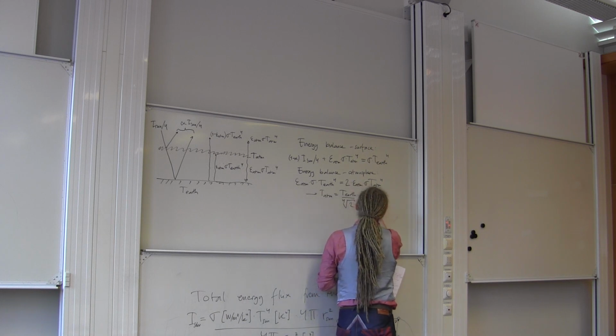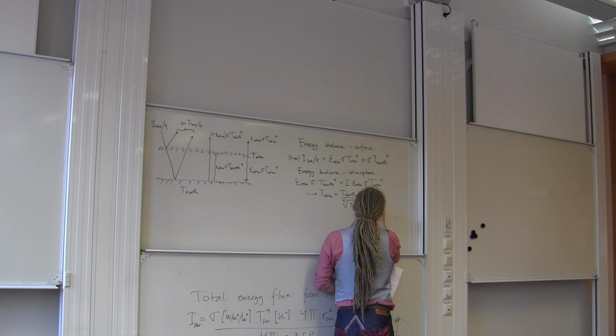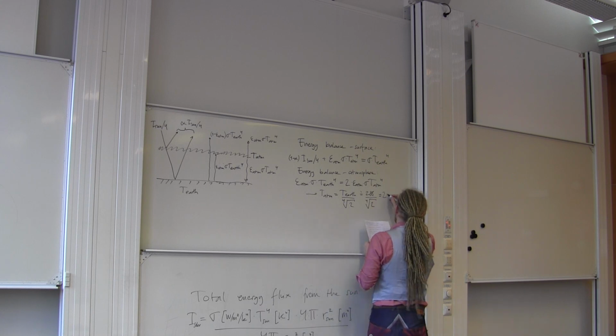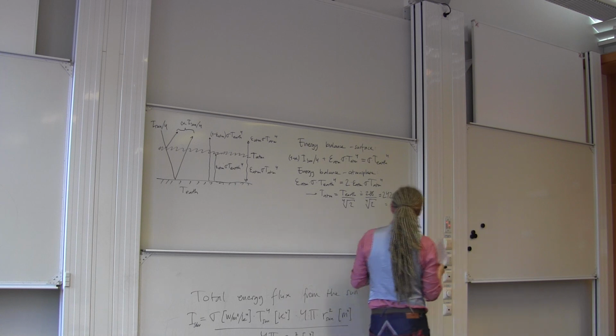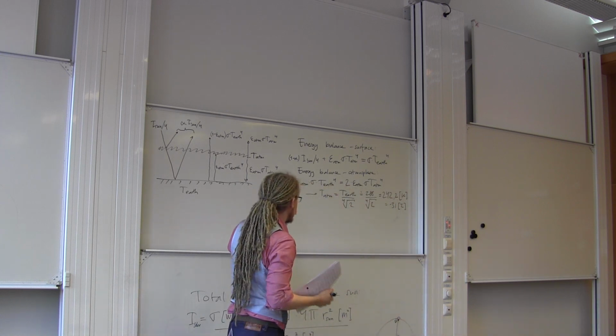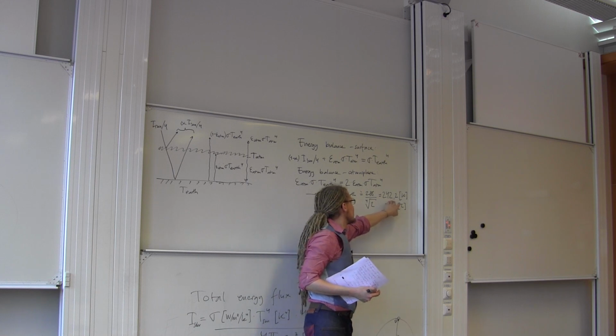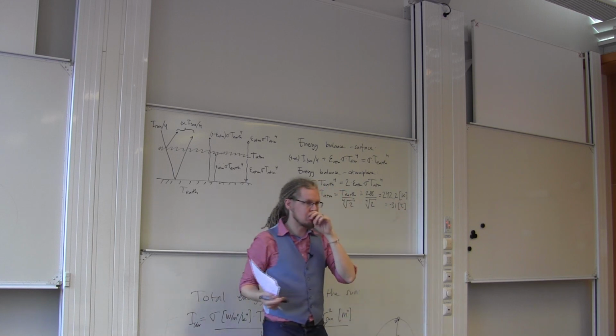T Earth was 288 Kelvin, right? So the temperature of the atmosphere now is 242 Kelvin, or about minus 31 degrees.